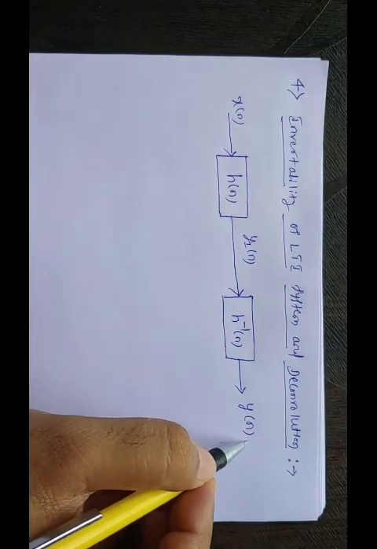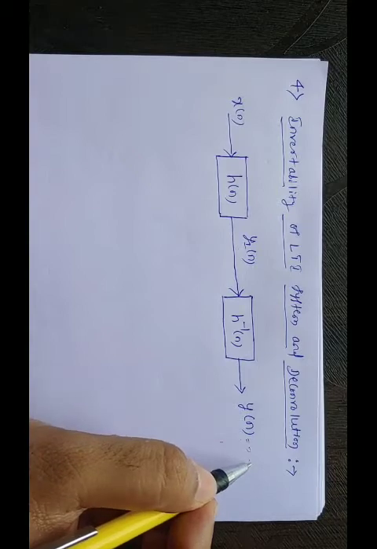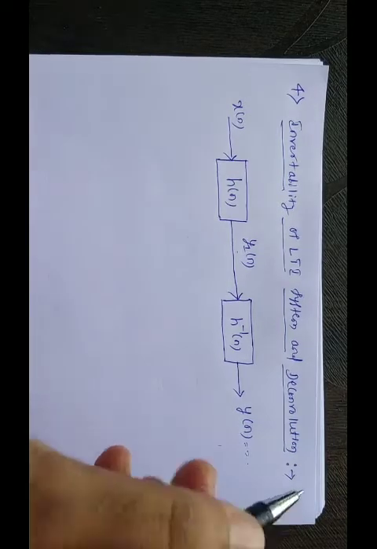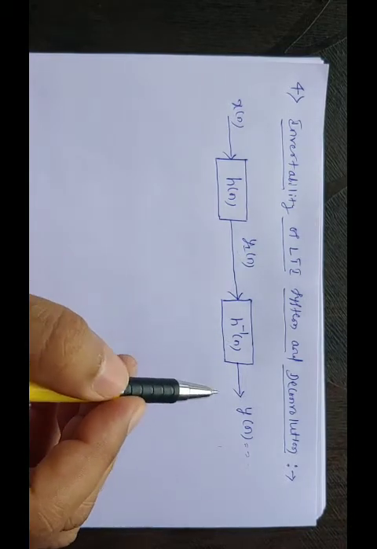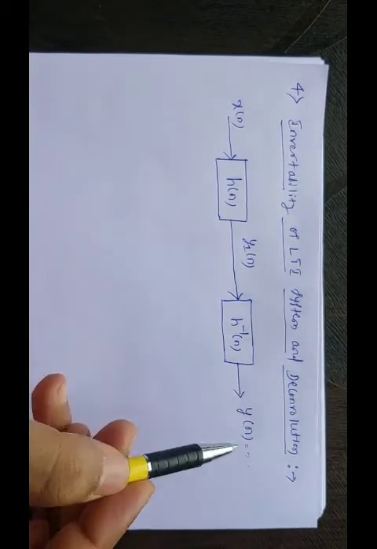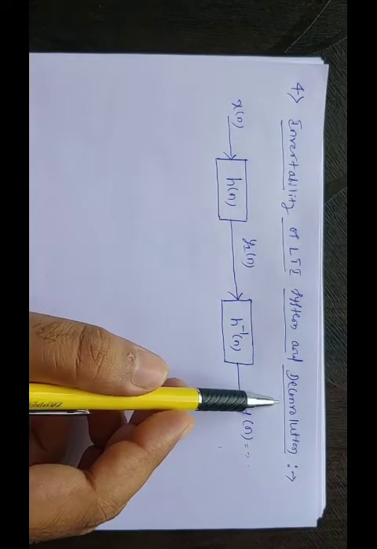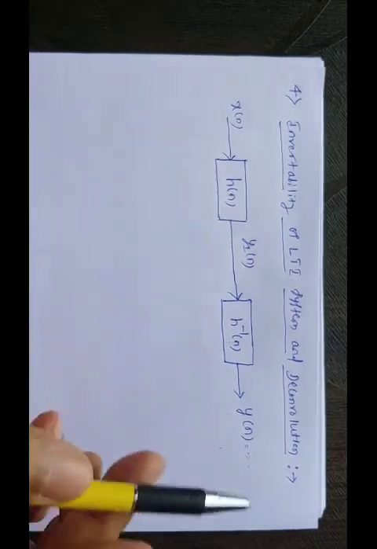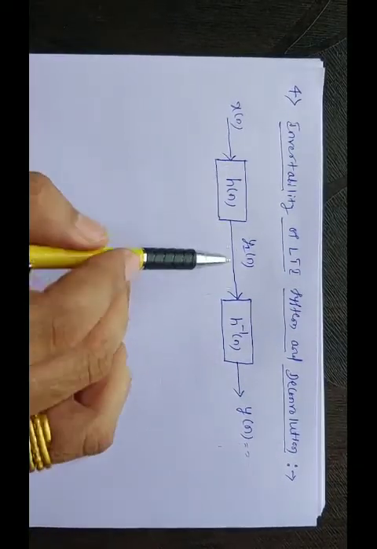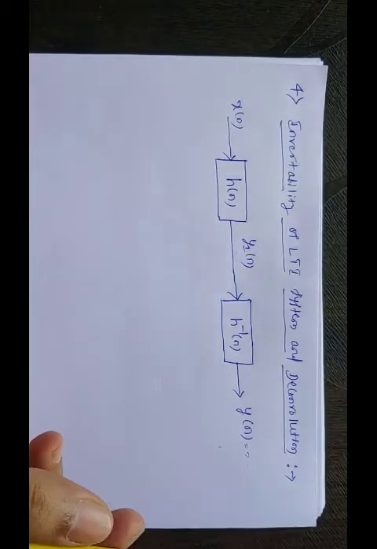Similarly, y of n, which should be x of n, is the convolution between y1 of n star h inverse of n. So what is deconvolution here? Obtaining x of n from x of n star h of n, that is from y1 of n, is nothing but deconvolution.